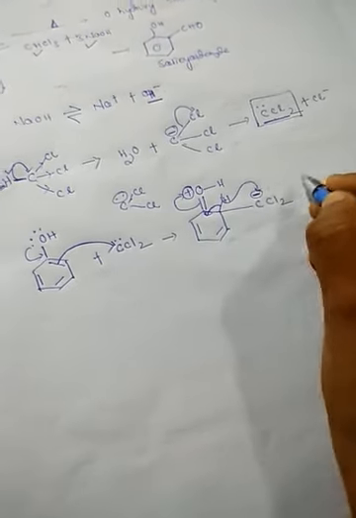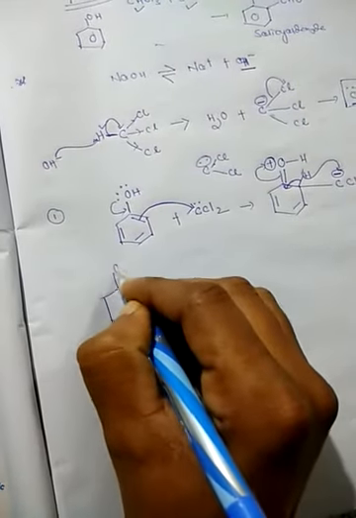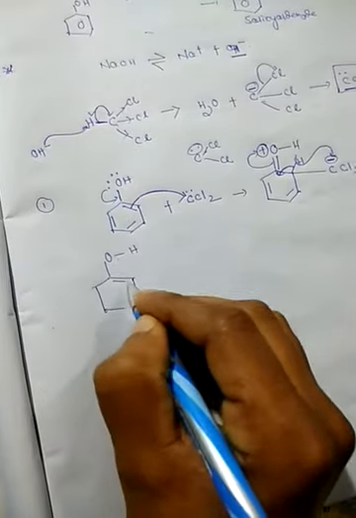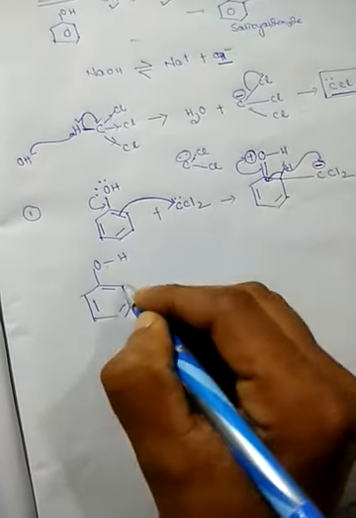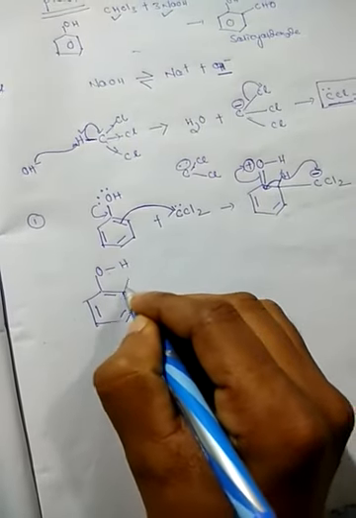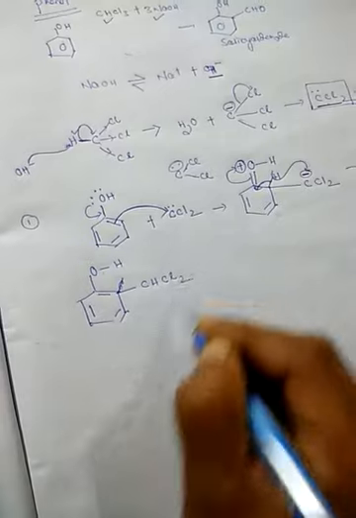Now we have this OH, and the bond is formed due to transfer of this bond, and now we have CHCl2.